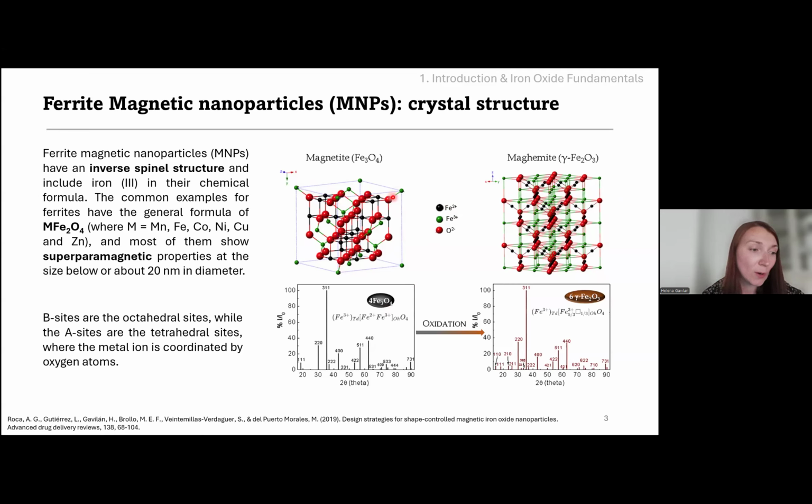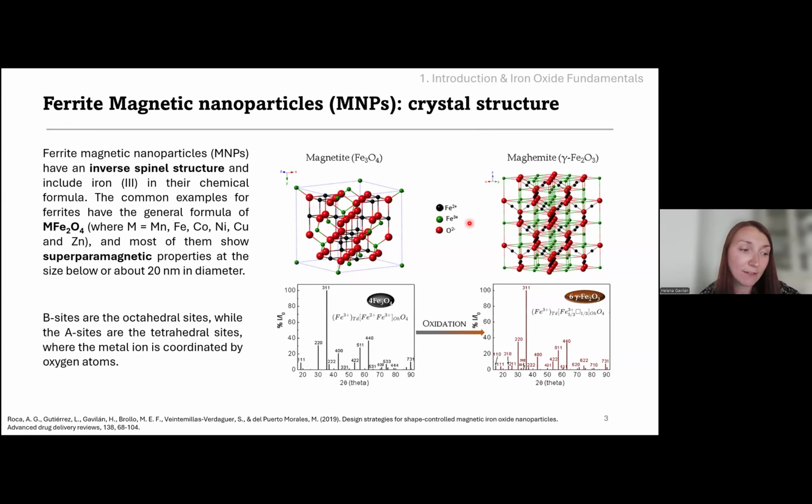Okay, so in the case of maghemite, it is the fully oxidized form of magnetite. This is nice because it's going to be even more stable chemically, although they are both very stable, and this is why they are so good for nanomedicine. And since it's fully oxidized, we will only have iron 3 plus, okay?